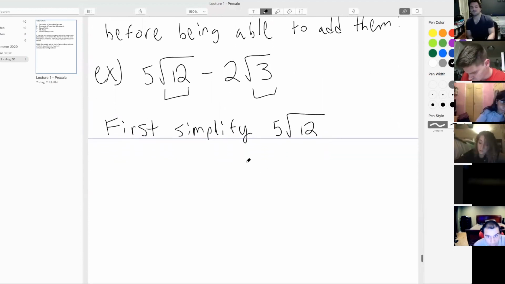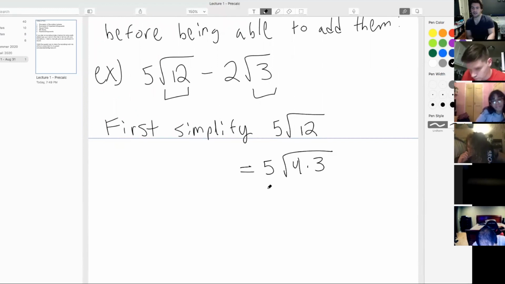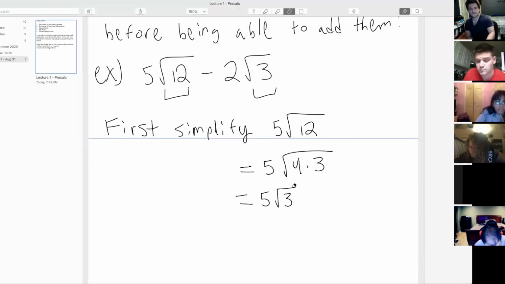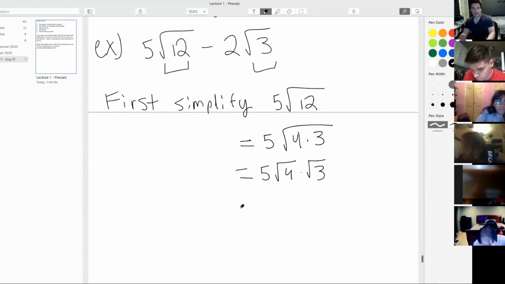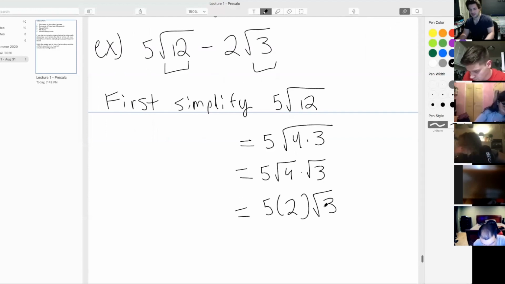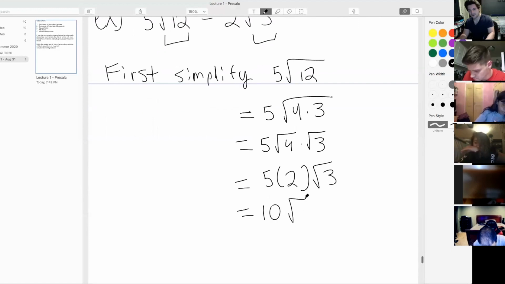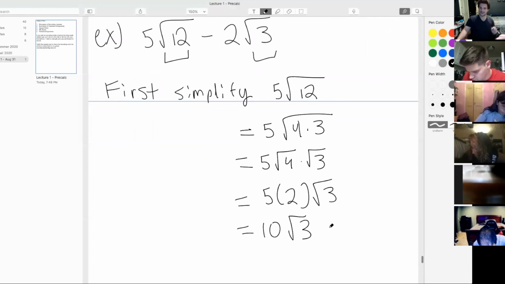So 5 square root of 12, this is 5 square root of 4 times 3, which is 5 times the square root of 4 times the square root of 3. Okay, and the square root of 4 is 2, so it's 5 times 2 times the square root of 3, which is 10 square root of 3. Okay, so I hope that's okay.